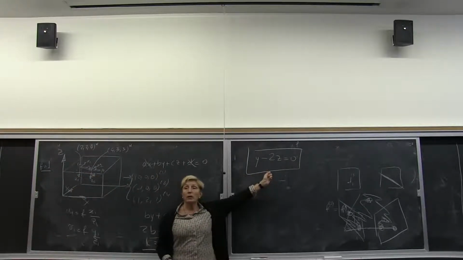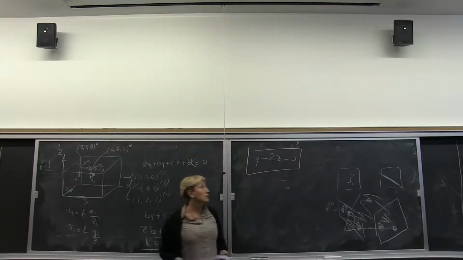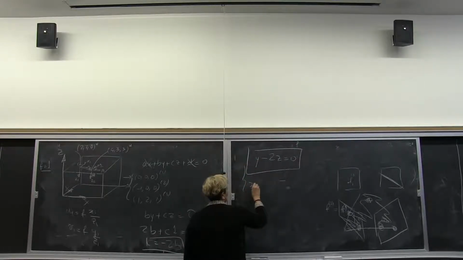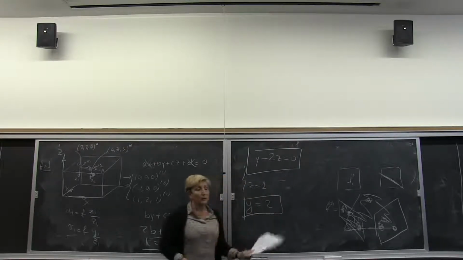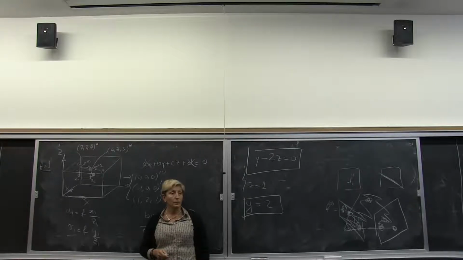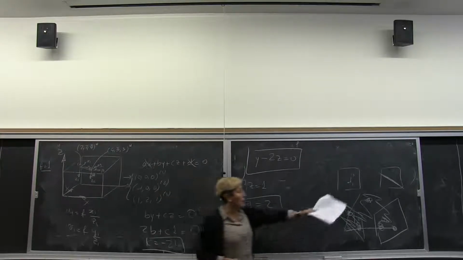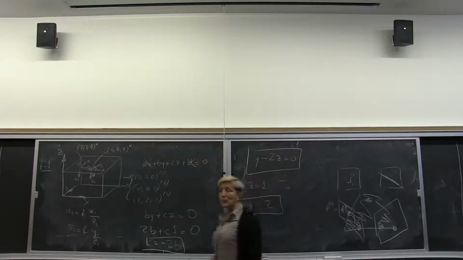And what's the equation of the image plane? z equals 1, right? So this and z equals 1 tells me that y is equal to 2. That's the equation of the line on the image plane of camera 2. And now that I have this, I could go and search for the fly on that line.